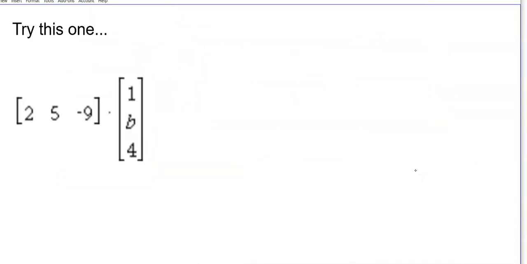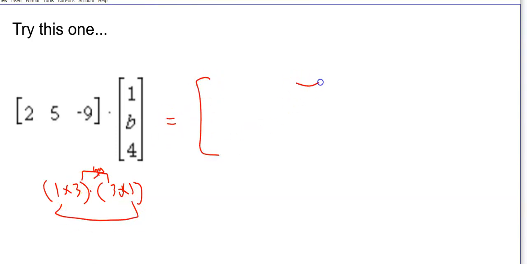Try this one. Can you even do it, right? So let's check it. So this would be 1 by 3 times 3 by 1, giving a 1 by 1. So yes, we can. The dimension of the answer is really weird. It's going to be a 1 by 1, so it's going to be like one item in there.